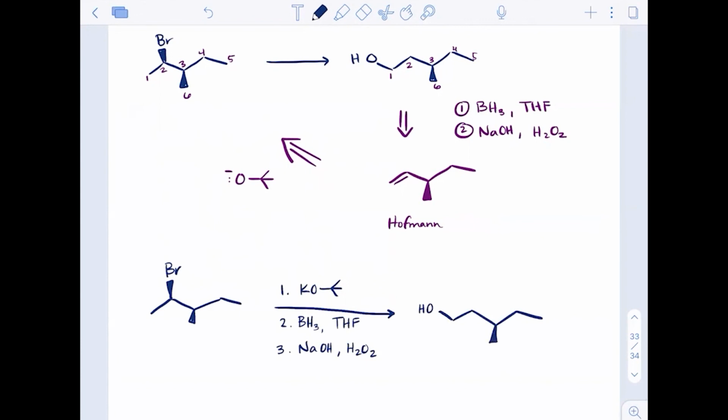Take the time with synthesis. We will be practicing synthesis throughout the rest of our time together. It's very important to be able to understand these steps, noticing all the tools in our toolbox, so that when you are given a multi-step synthesis on an exam, you too can step backwards and ask yourself, how do I make that specific functional group?